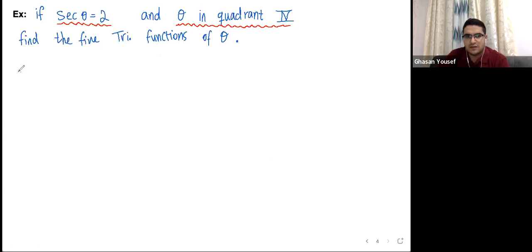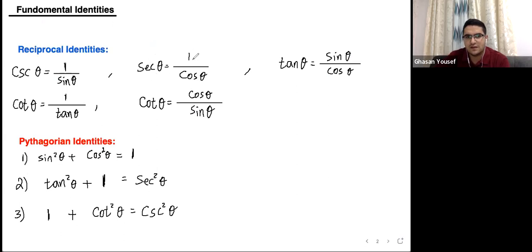Now, the secant of theta equals 2, right? The secant theta is the reciprocal of which function? By using the identities here, it is the reciprocal of the cosine function.